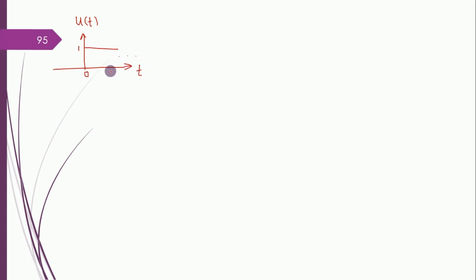And x1 of t is starting from plus 0.5, and let me write that as u of t minus 0.5. We will do some reverse engineering.